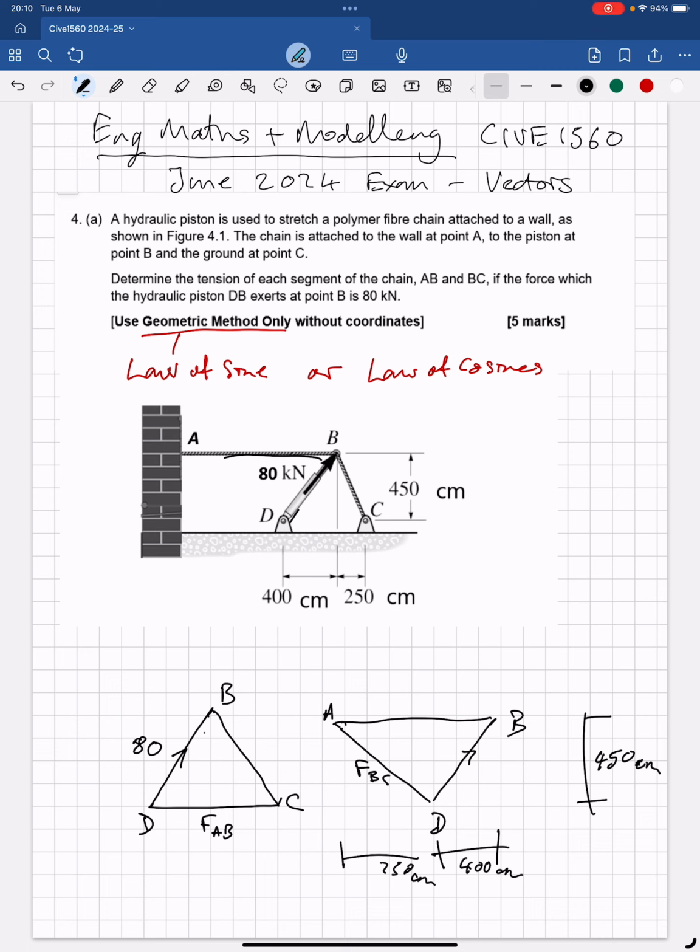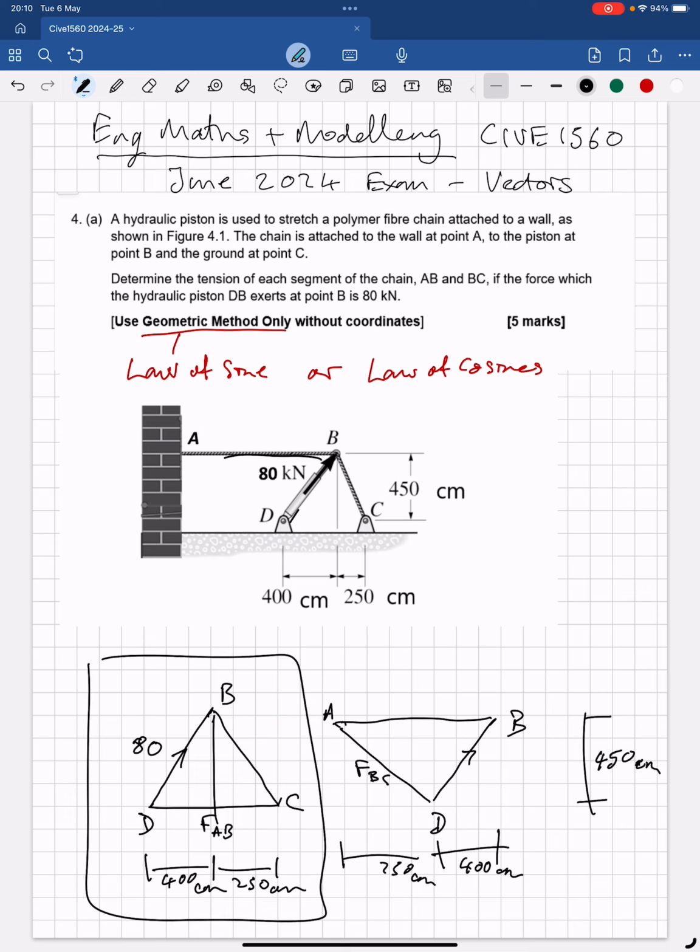Or if we're looking at this diagram, those two distances are the other way around, 400 centimetres and 250 centimetres. We're going to have to look at the angles in this. What I'm going to use is this one here. Okay, I'm going to reproduce that on the next page.